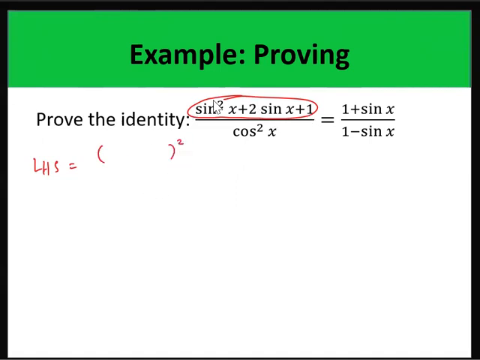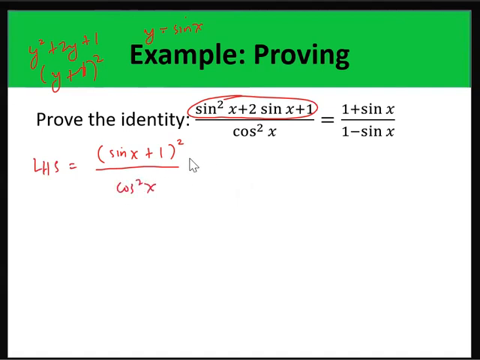Because this one is like y squared plus 2y plus 1, where y is equal to sine x. So it is a perfect square trinomial which can be factored as y plus 1 squared. So if we replace y by sine x, that's going to be sine x plus 1 quantity squared over cosine square x.